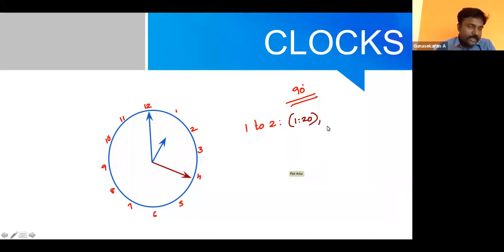Is that the only one answer? Yes. Around 1:50 to 1:55. Because here also it moved towards 2, so around 1:55.